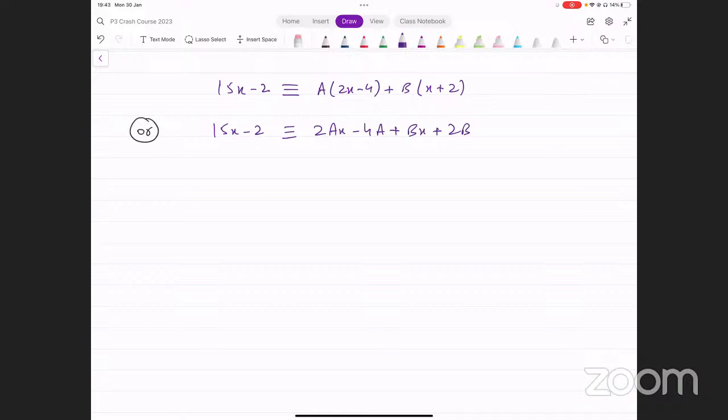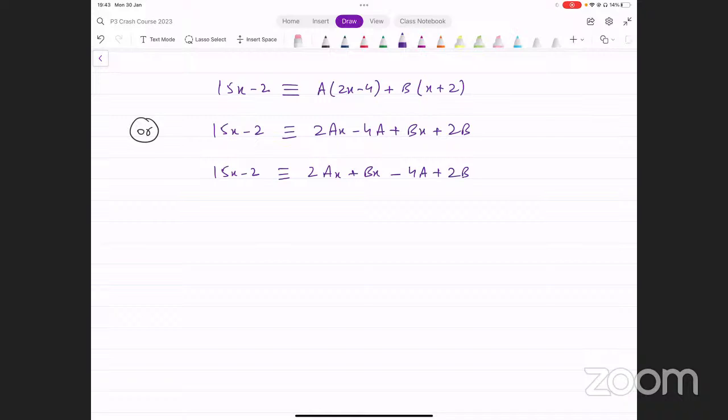And now what you do is you bring the x terms together and the constants together. Constants are all the terms that do not have x in them. And see what that gives you. 15x minus 2, that is identical to 2ax plus bx minus 4a plus 2b.